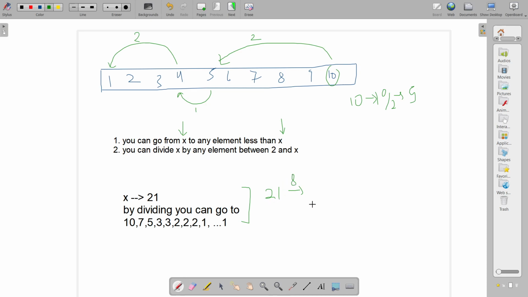You will get the number 2, and then you can go to 1 directly by subtracting. Another way would be to divide it by 9, and you will again get 2, and then you can go to 1. So these two ways are different, even though we are landing on the same number 2.